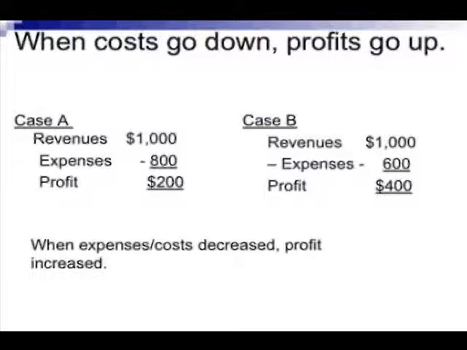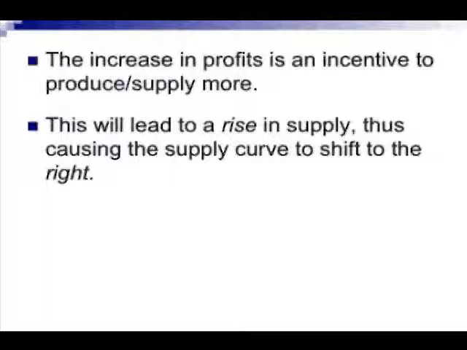Doesn't that encourage you to supply more? It does. When expenses or costs go down, profit increases, and that increase in profits is the incentive to supply more. This will lead to a rise in supply, causing the supply curve to shift to the right. There will be an increase in the quantity supplied at each and every price.